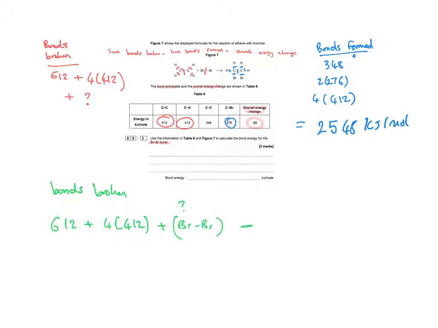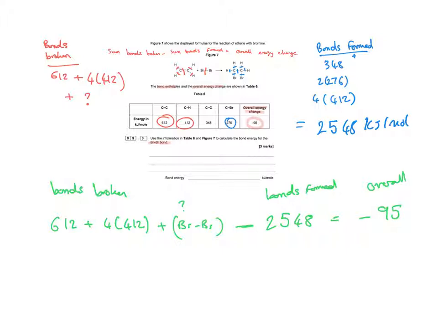Now if I take this away, take away my bonds formed, I get the overall answer. Now my overall from the question is minus 95.